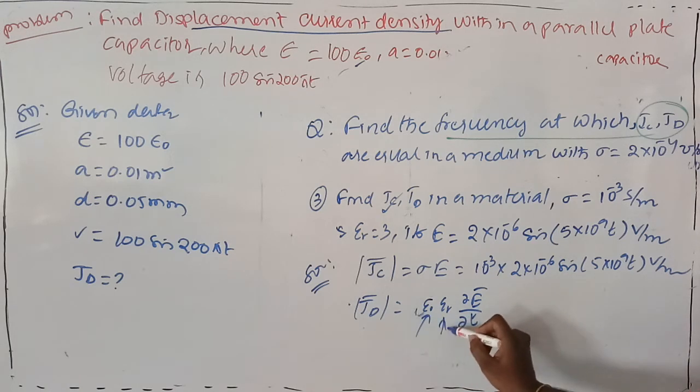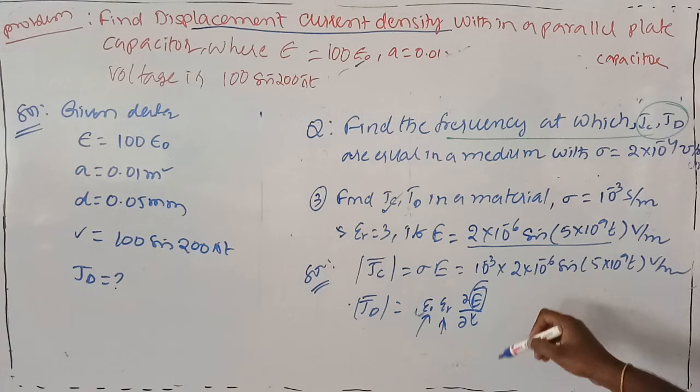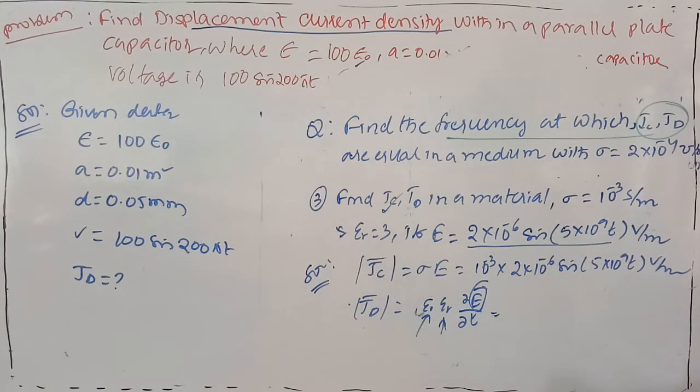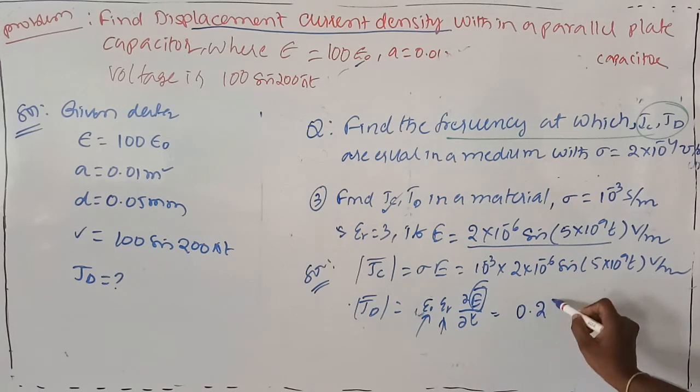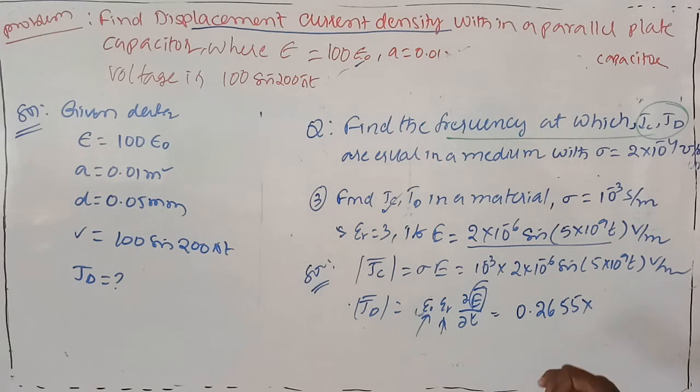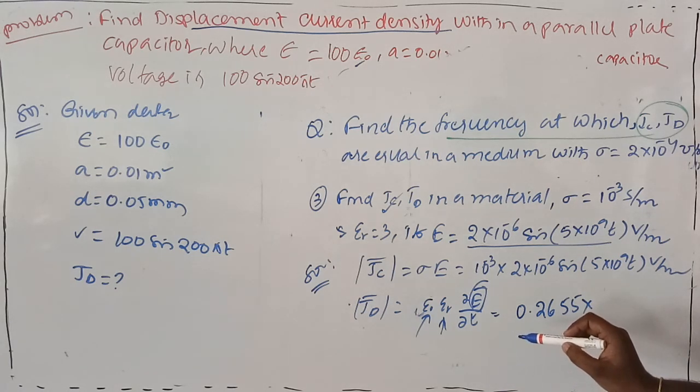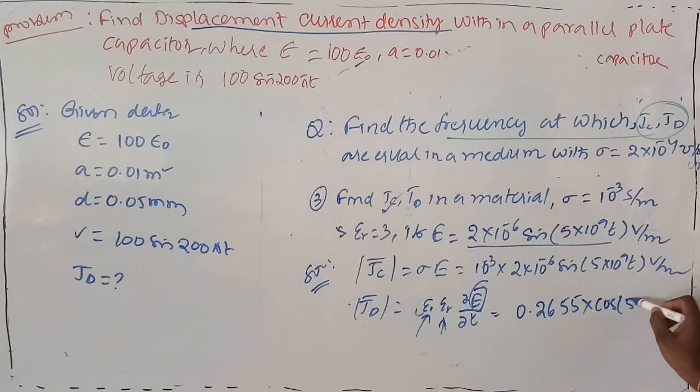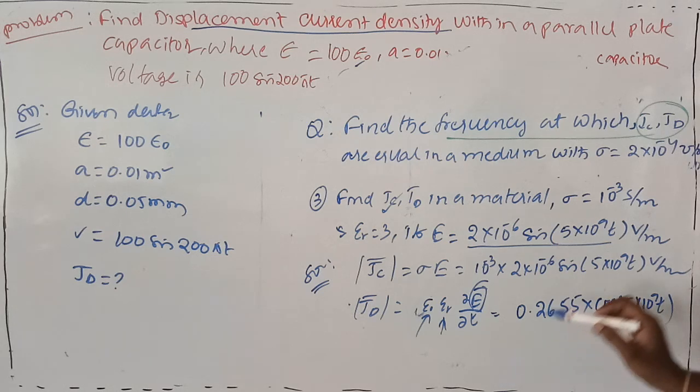So just do the differentiation with respect to t, and you will get the answer: 0.2655 cos of 5 into 10 to the power of 9 t microamperes per meter square. This is your answer. Okay, thank you.